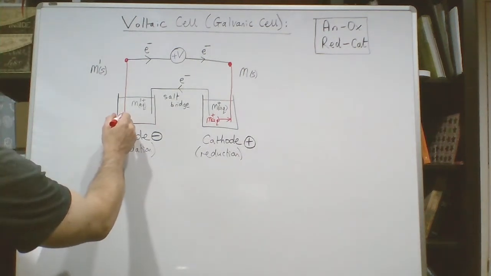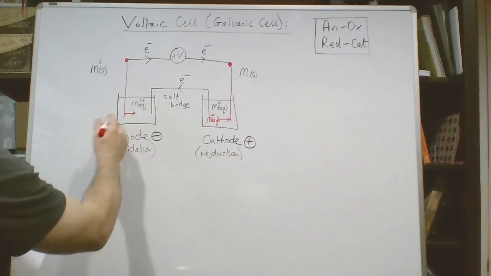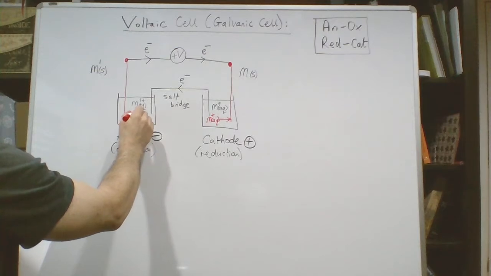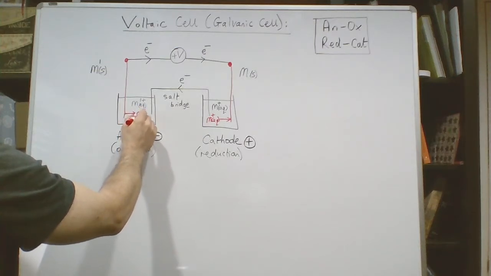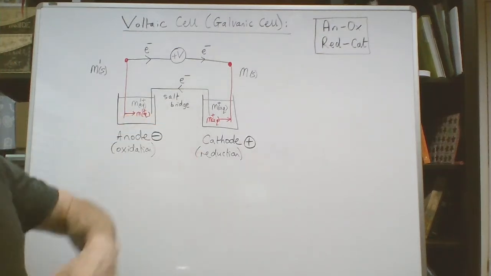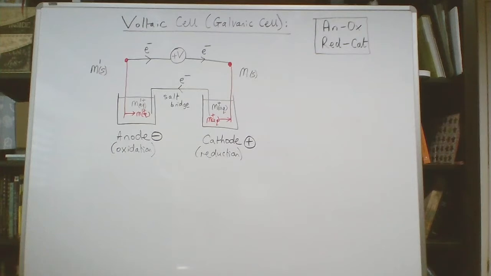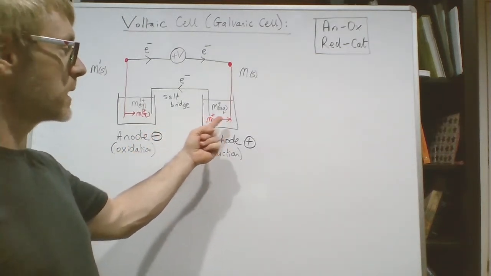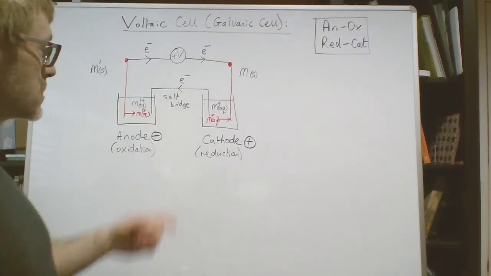Conversely, in the anode of a voltaic cell, the metal prime cations are going to be secreted from or excreted from the electrode. So look at the direction of flow. The cations go towards the plate. The cations are produced from the plate.